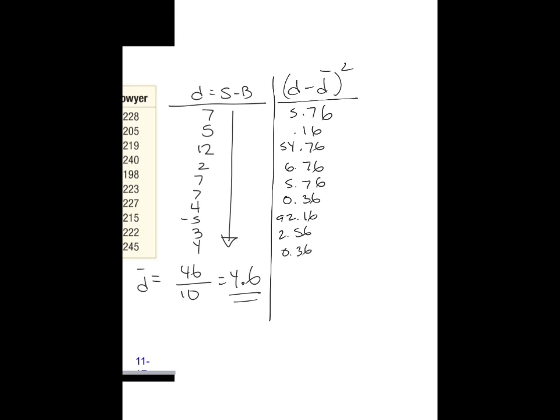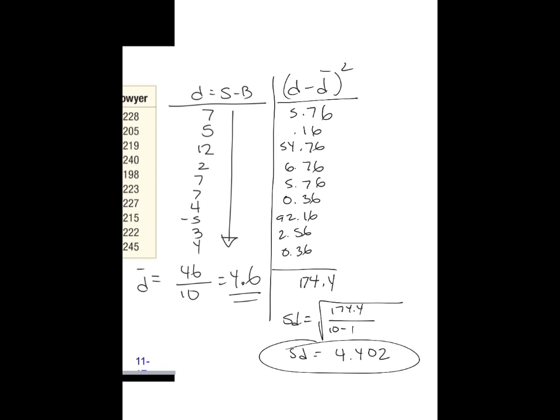So the sum of this column is 174.4. But remember, to get the standard deviation, we do the square root of 174.4 divided by n minus 1, 10 minus 1. So the standard deviation is 4.402. So we have our mean and our standard deviation.